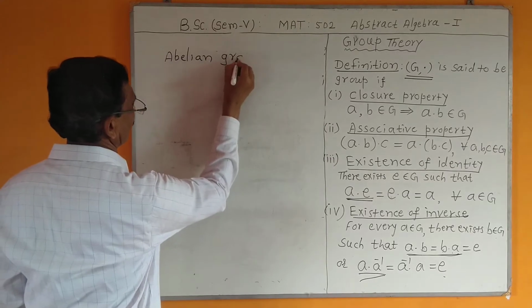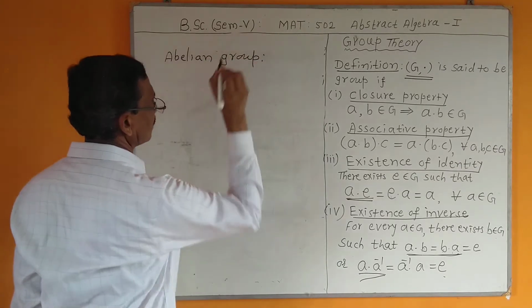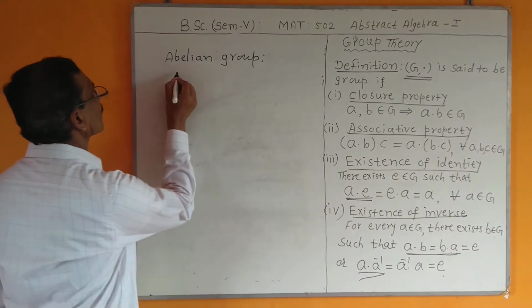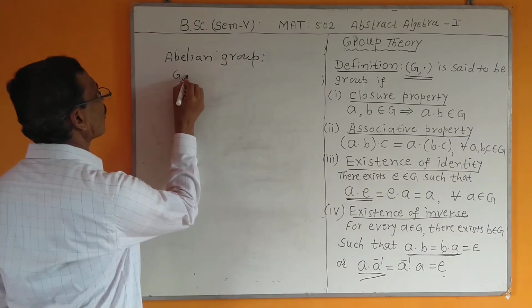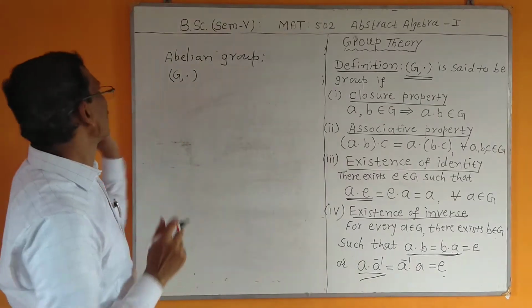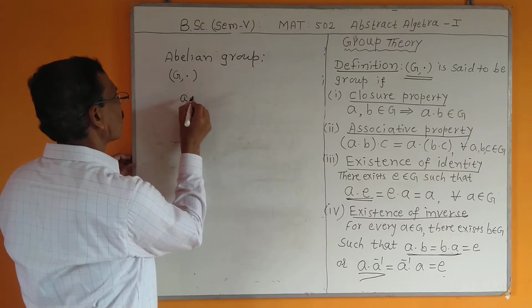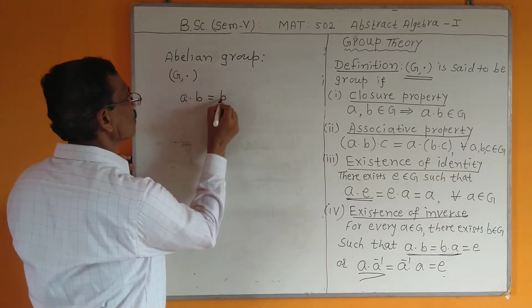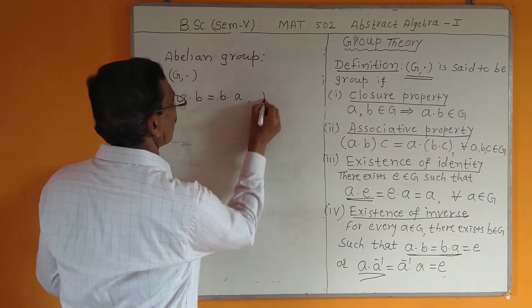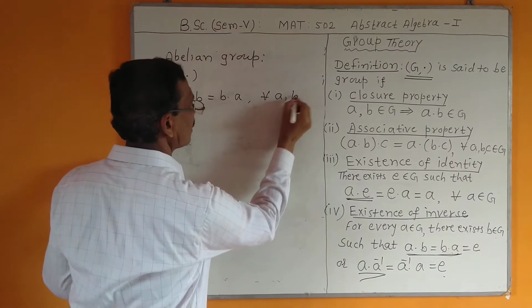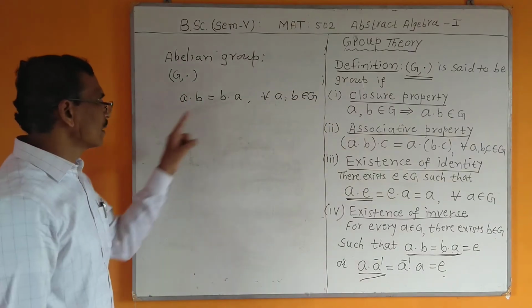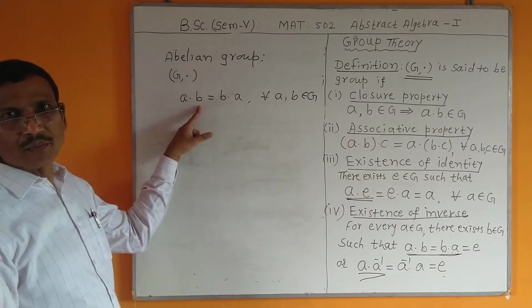Then the next definition is abelian group. Abelian group means we shall consider that (G, dot) is a group such that a dot b is equal to b dot a for all a and b belongs to G. This property is called a commutative property.